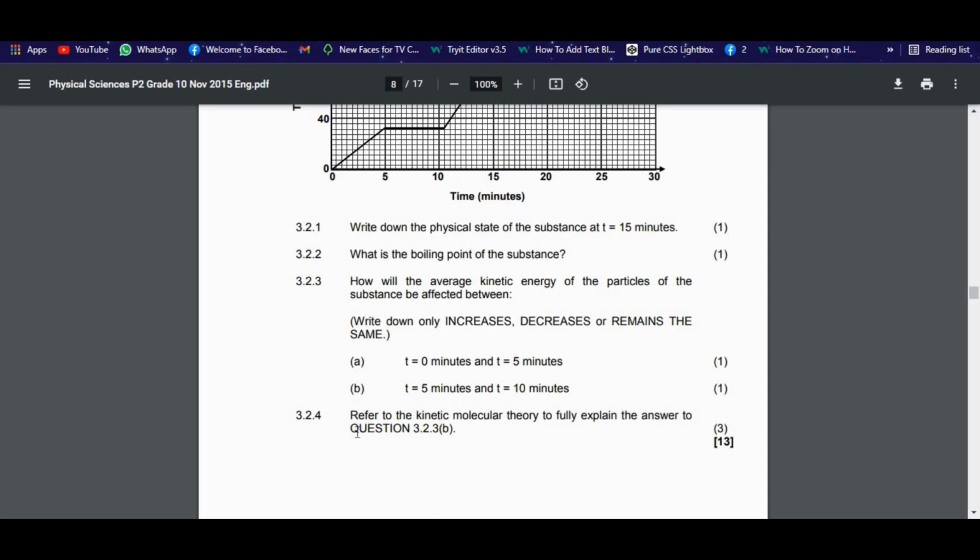3.2.4, refer to the kinetic molecular theory to fully explain your answers to 3.2.3b. Well, that's easy.